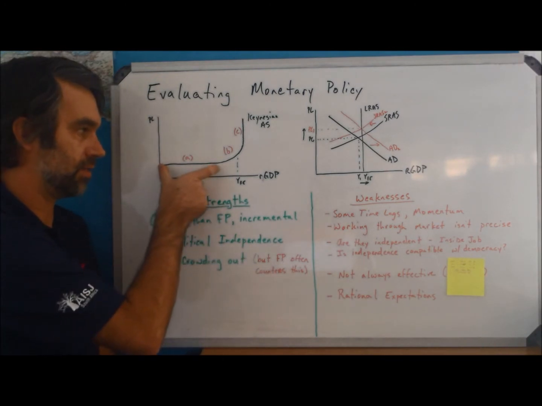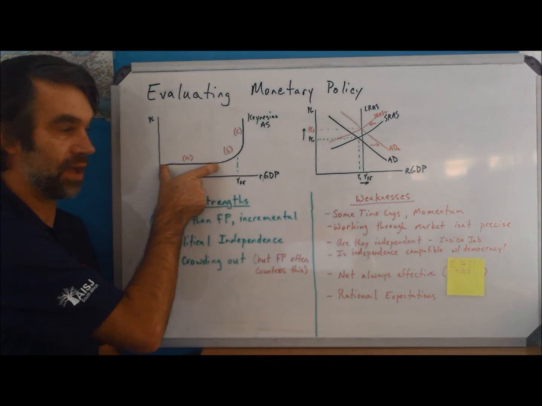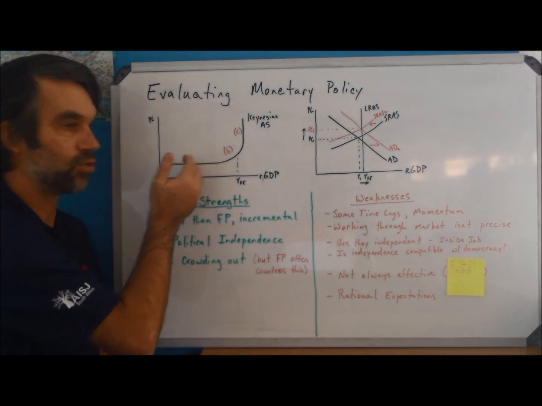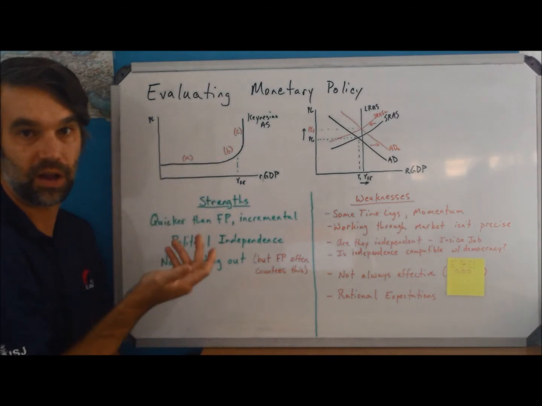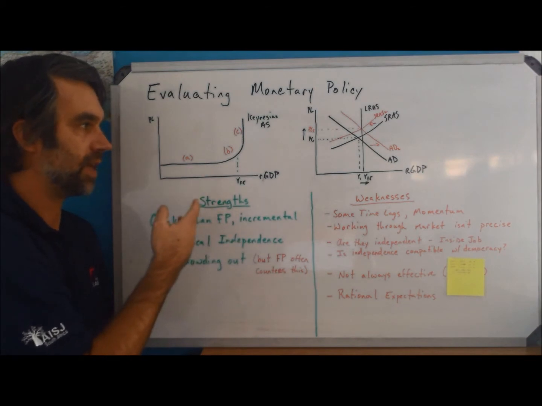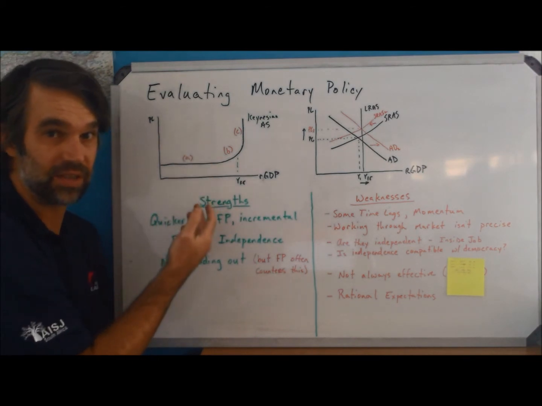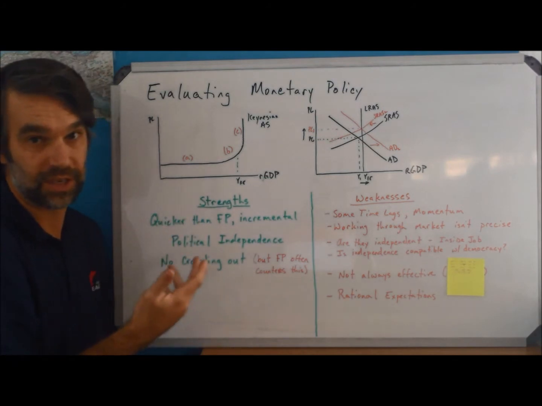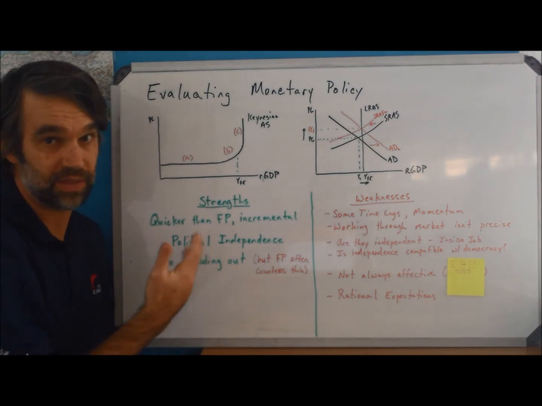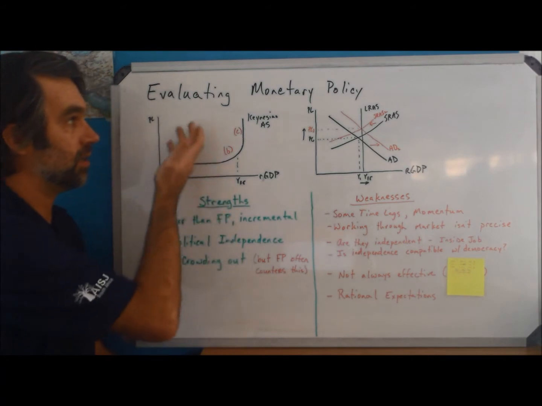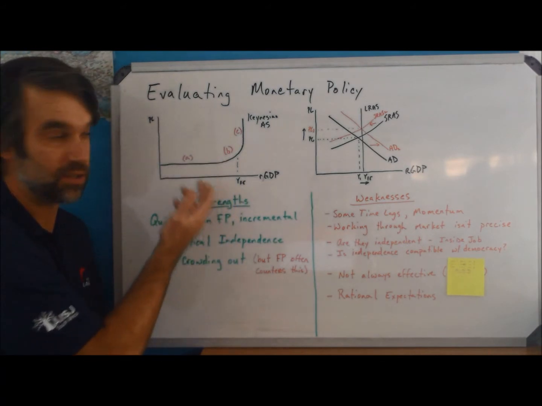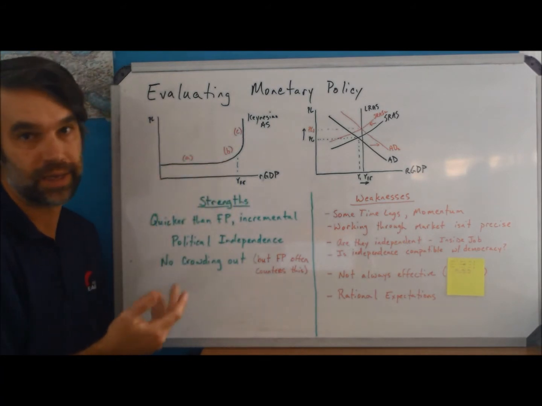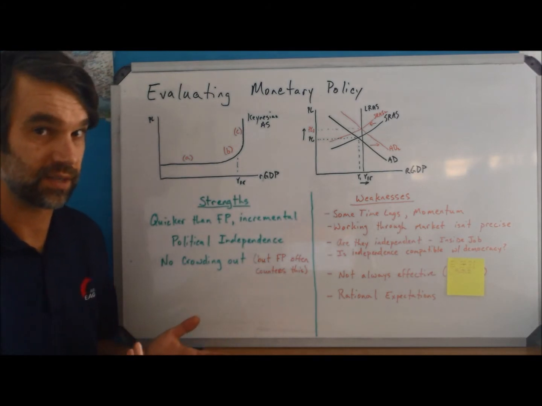And in the same manner, if you were on section A, you couldn't decrease the price level at all. Always in this, especially when we're talking about decreasing the price level, we have to think about whether wages and input prices are sticky. Because if they are, then using any sort of policy to fight against inflation is going to be relatively ineffective.